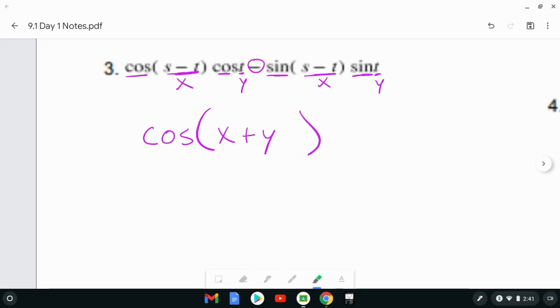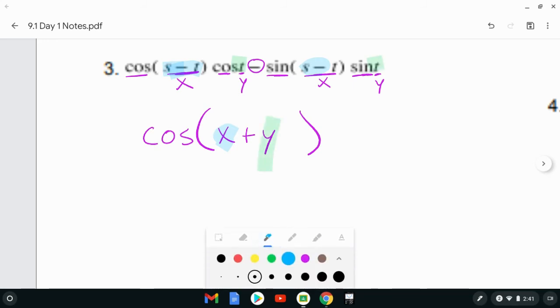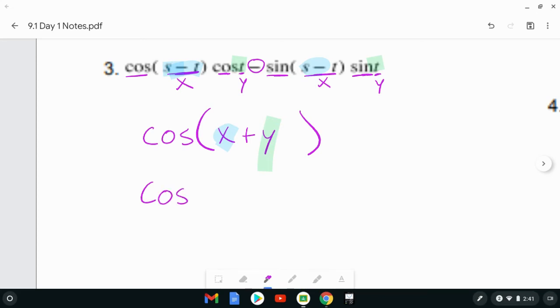And then all we're going to do here is substitute. The x goes there. That's the x as well. And then the y, which is t, is going to go right there. So when we rewrite this, we have cosine of, in parentheses, s minus t plus t.